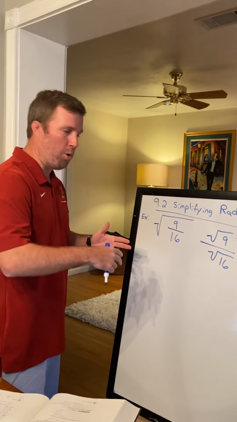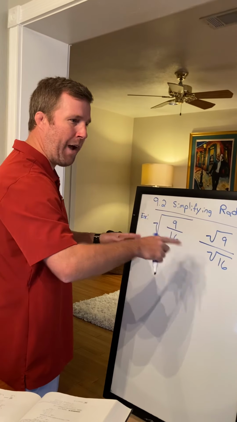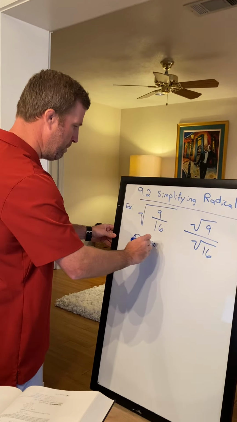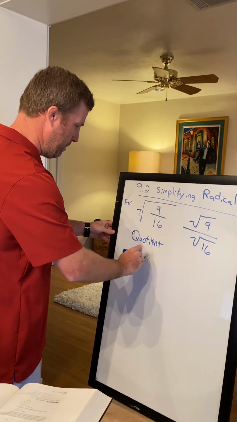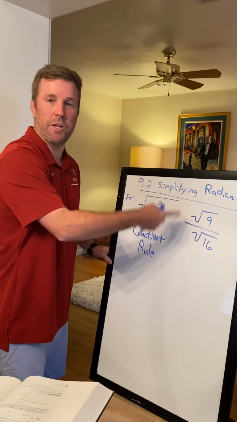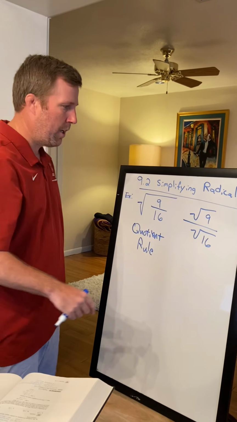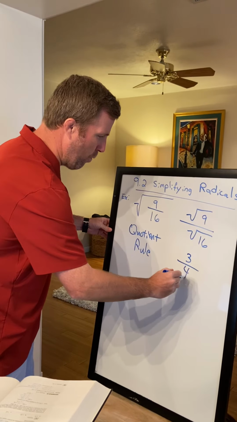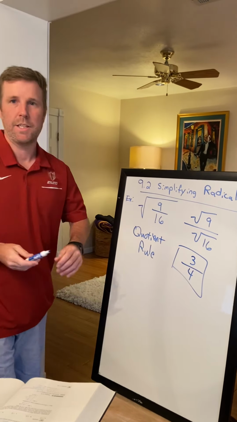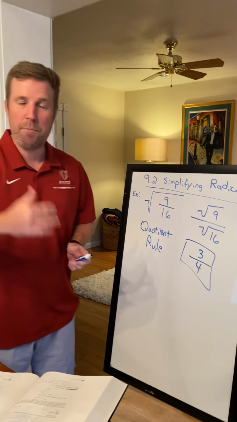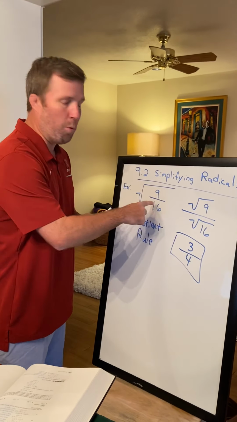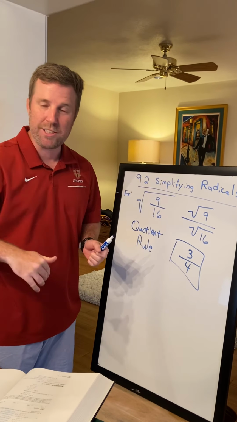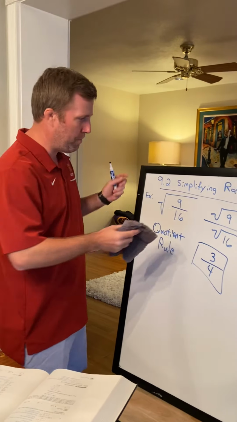So we had a product rule where we broke it up into the multiplication of 2 factors. And we have this one, which is called the quotient rule, which states we can write it as the division of 2 radicals. The square root of 9 is 3, over the square root of 16 is 4, to get 3/4. Same thing applies. If we have what is underneath the square root, and it is not a perfect square, we're going to do our same thing. Let's try one of those examples.